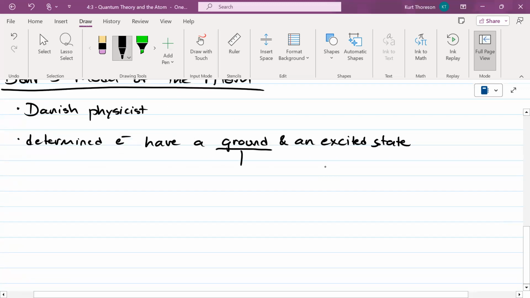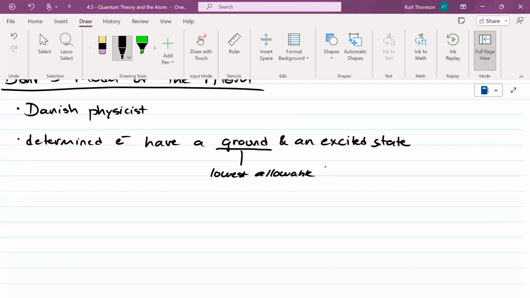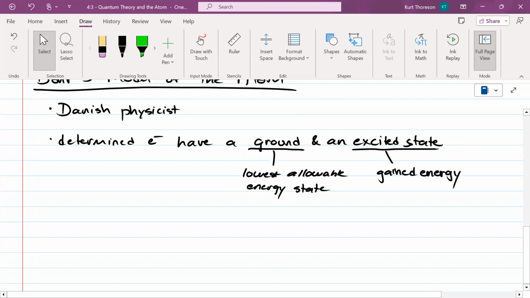The ground state is the lowest allowable energy state. Excited is when it has actually gained energy. But ground is as low as you can go. It's like your base form.